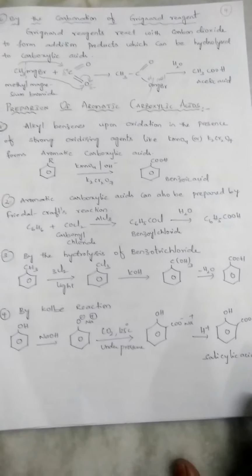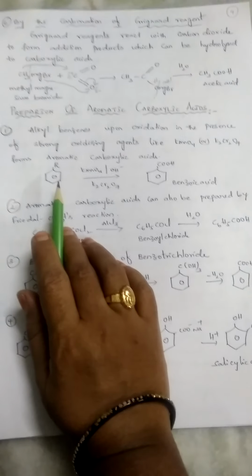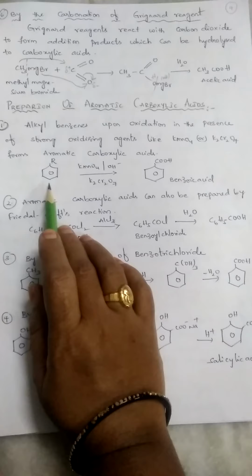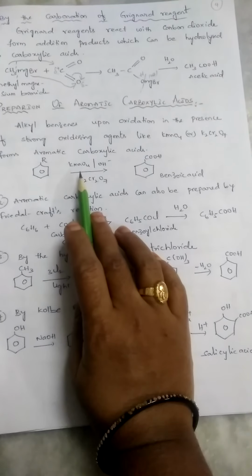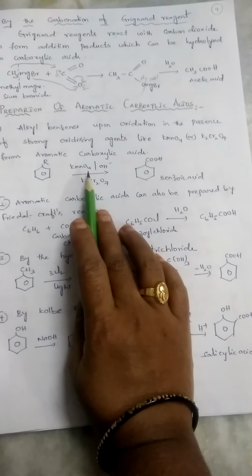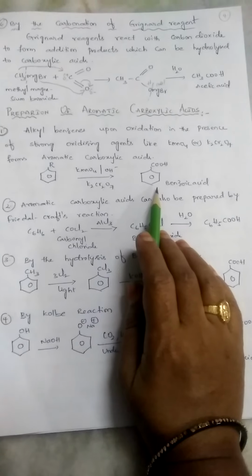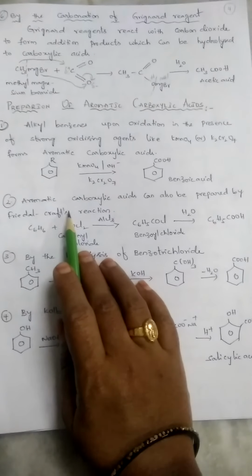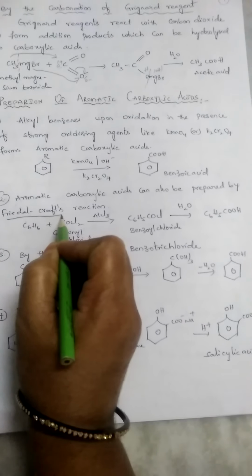Now we are going to study aromatic carboxylic acids. If you take any alkyl benzene, here I am taking toluene. Alkyl benzene upon oxidation in the presence of strong oxidizing agents like KMnO4 and K2Cr2O7 gives benzoic acid. And next, which is a very important reaction, I think you came across this reaction in your intermediate.